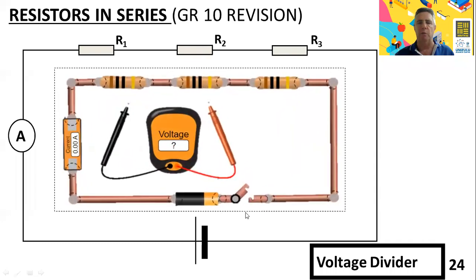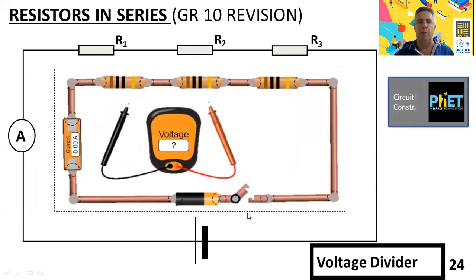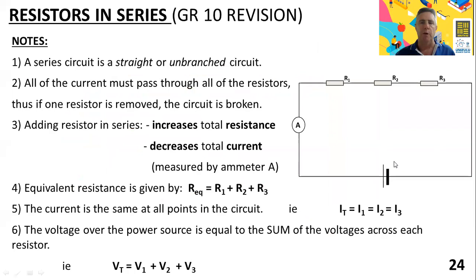In the middle of that, you will see a circuit that we've built up using the circuit construction kit, which comes with PHET. And we'll go to that in a moment so that we can test these theories that we have about series circuits. Lower down on page 24 are 6 notes about series circuits. And again, these will make a lot more sense when we test them using PHET. So we'll get there in a moment.